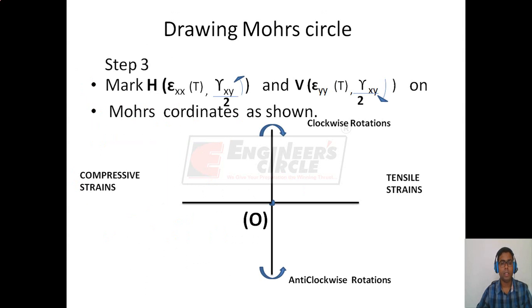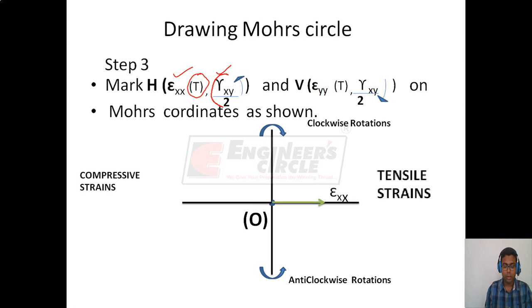First we will mark point H. The x coordinate shows normal strain and the y coordinate shows shear strain. Since it is tensile, it is to be marked on the right side of the origin, as tensile strains are marked to the right side of the origin. So this is epsilon xx on the right side of the origin.